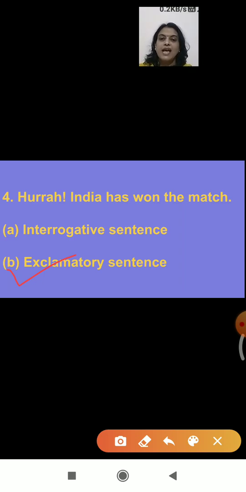So keep these in mind and it will be easy for you to find out which type of sentence it is. Followed? Okay, so let's hope you are able to understand, and now you have learned what a sentence is and what the different kinds of sentence are.